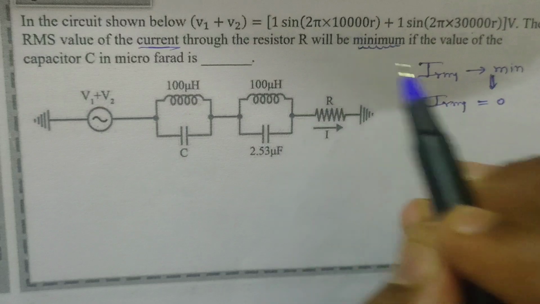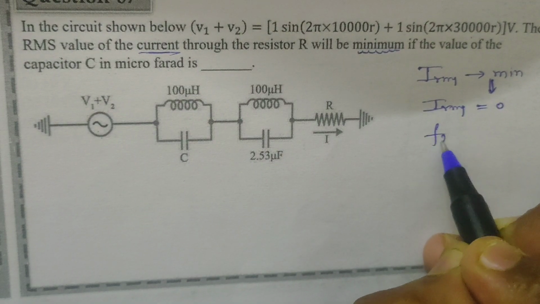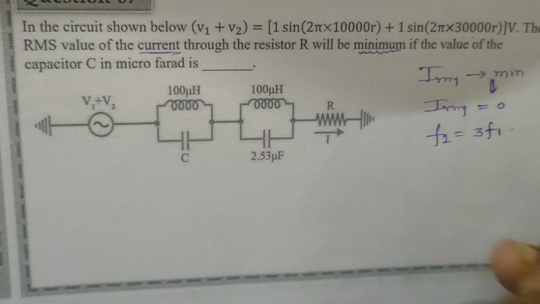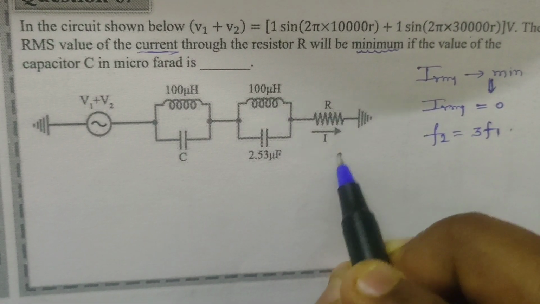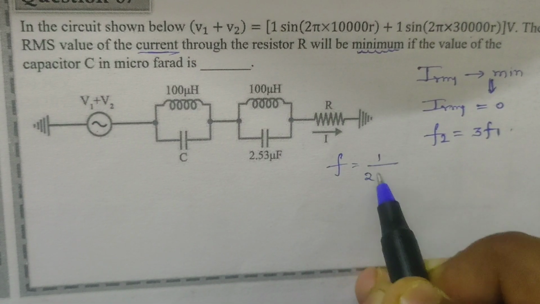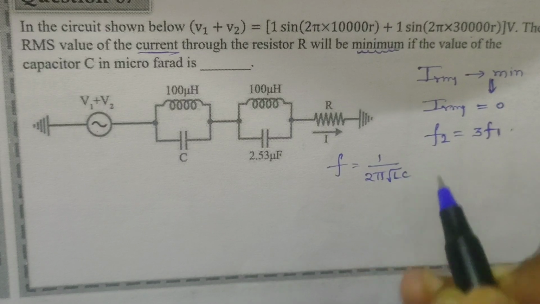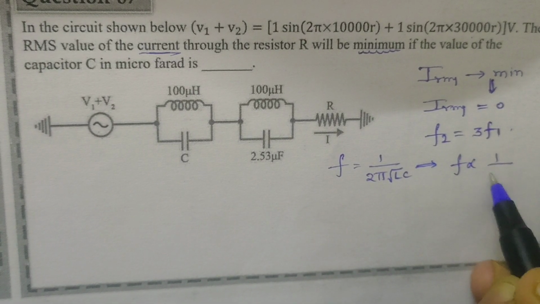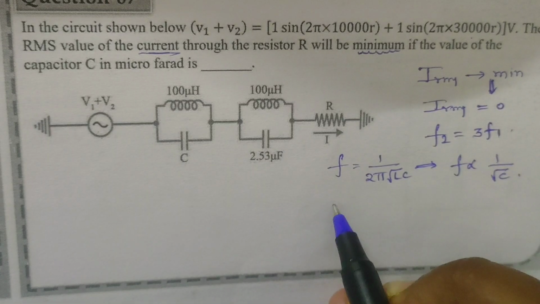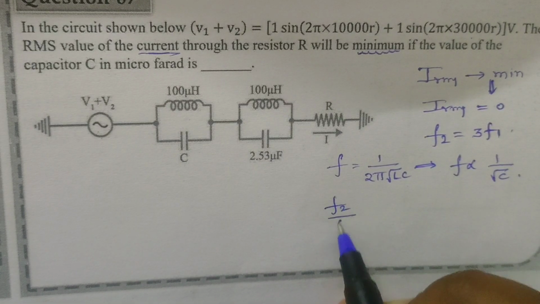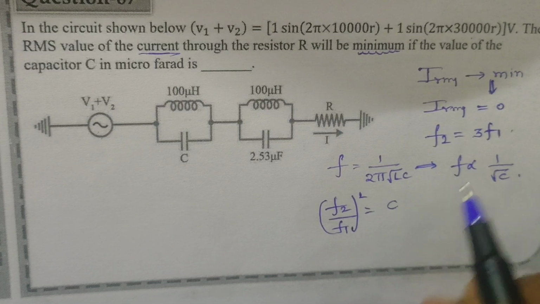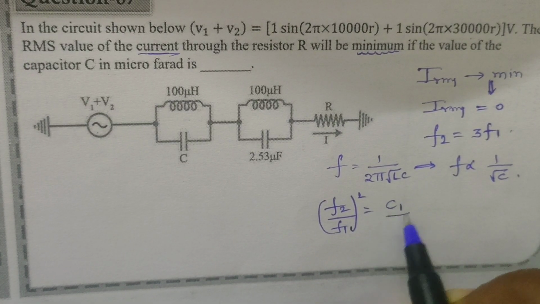Here the second frequency is 3 times the first frequency. We know f is equal to 1 by 2 pi root LC. From this we can say that f is inversely proportional to root C. So f2 by f1 whole square is equal to C1 by C2.